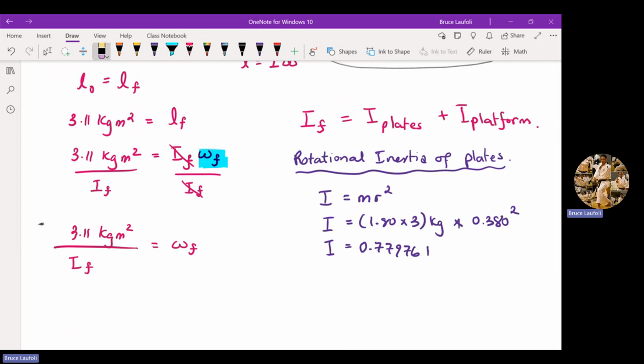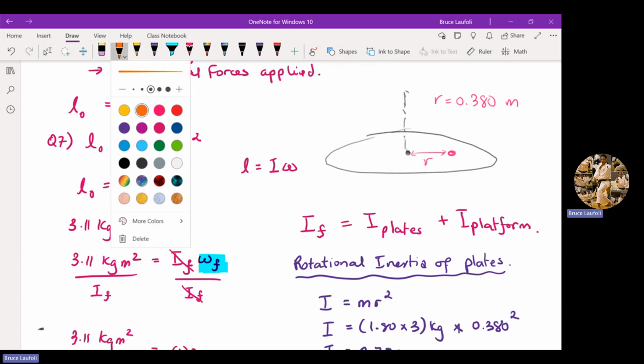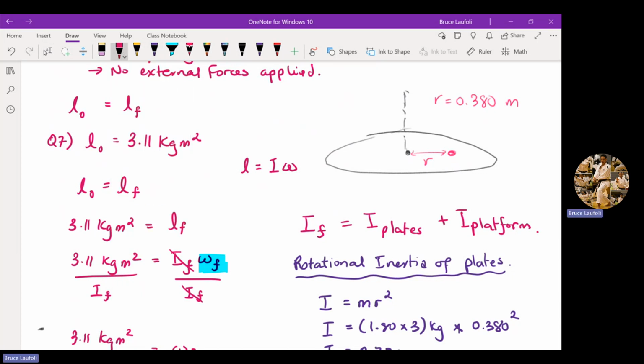Actually, let's just get back, because that's confusing me. Oh, sorry, my bad. I just realized that I did something weird. This is kg m squared per second squared. Oh, seconds.